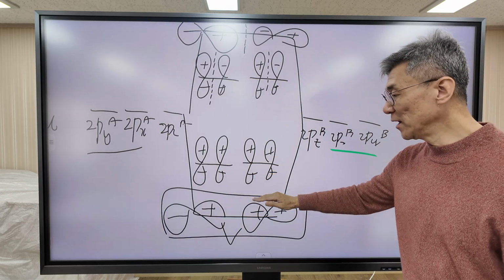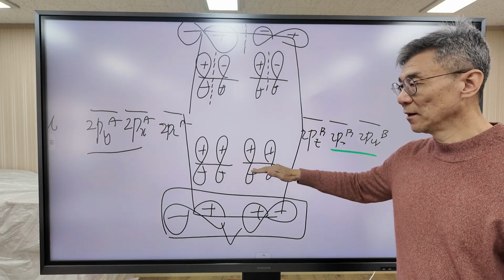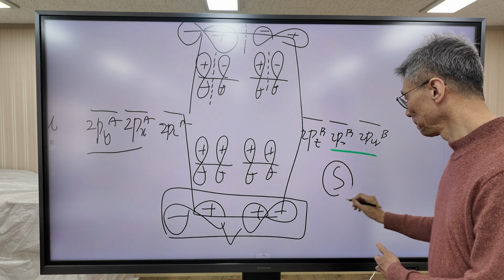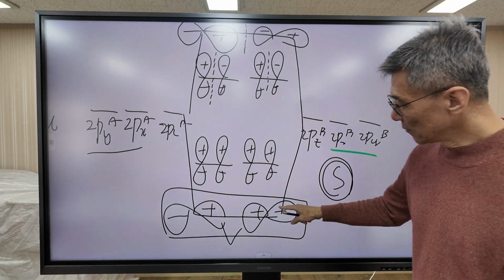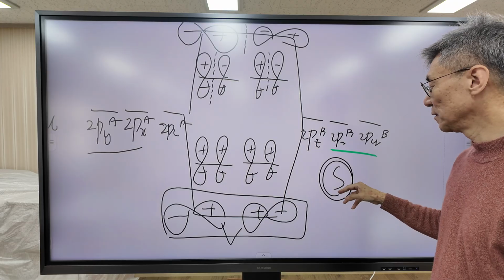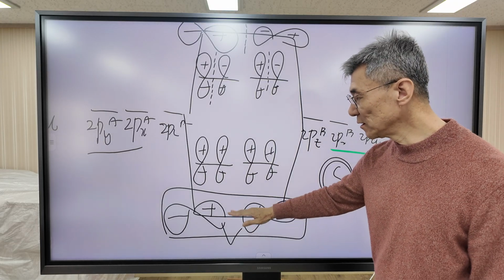Why is this orbital lower than this orbital? It comes from the overlap integral. When you compare the amount of overlap, this overlap is larger than this overlap.